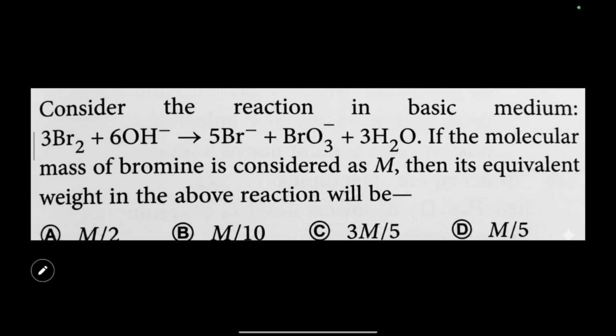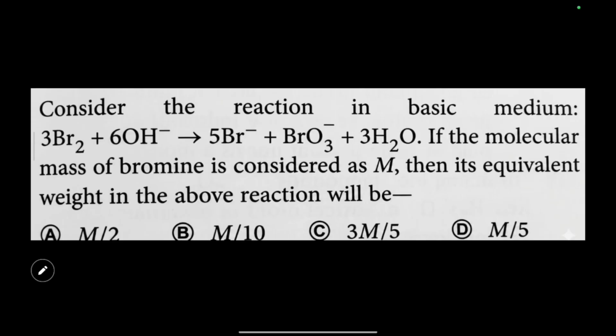Okay, so your next question is this: one reaction is given, the reaction of bromine in alkaline medium to produce bromide, bromate and water. The molecular mass of bromine is given as M. You need to find the equivalent weight in the above reaction. 4 options are given.